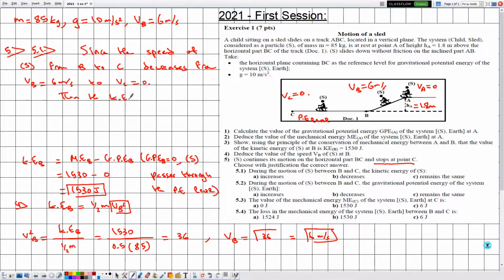Remember that we always need to justify. And in this case, the correct answer would be choice B.